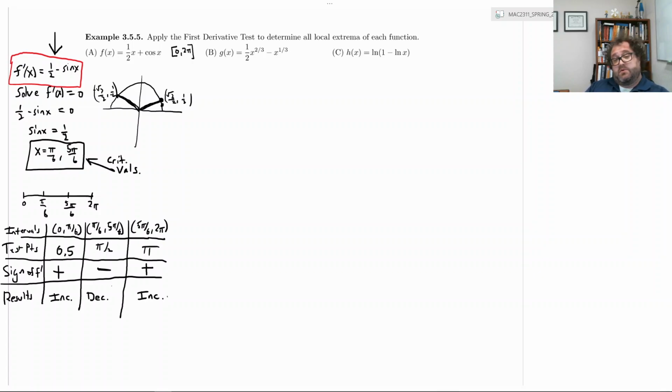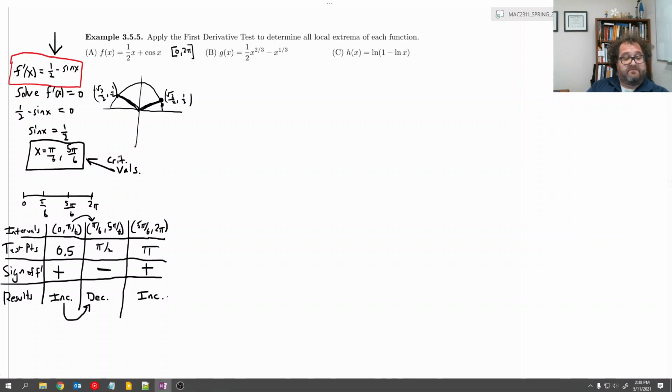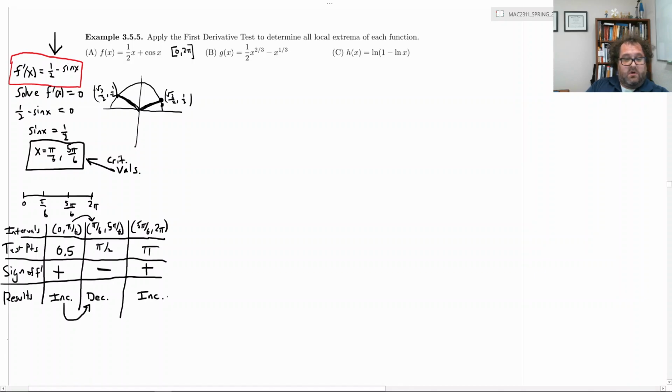The first derivative test says if you change from increasing to decreasing at a critical value, which pi over 6 is a critical value, then you have located a what? A local max. So we have a local max at pi over 6, comma, something. All right, we might have a local min too, so let's go ahead and put that down.